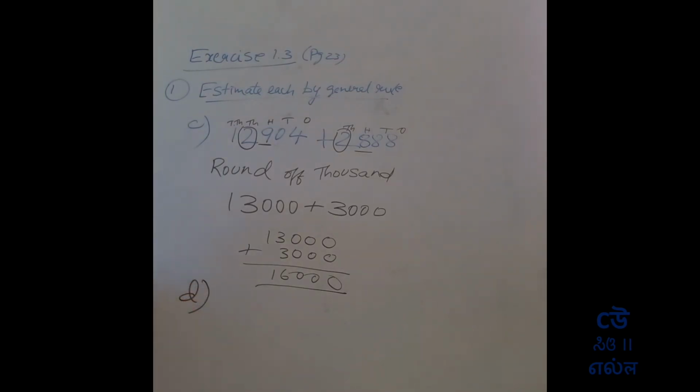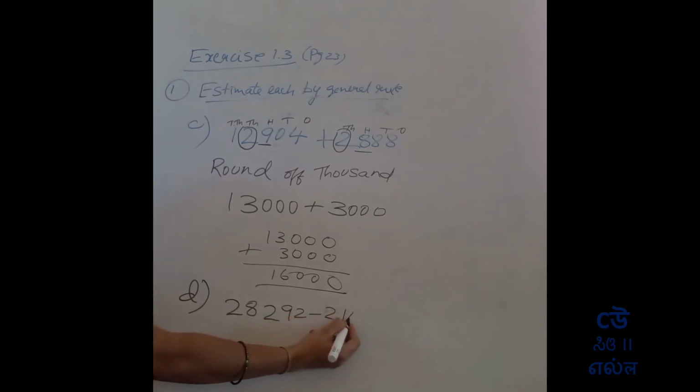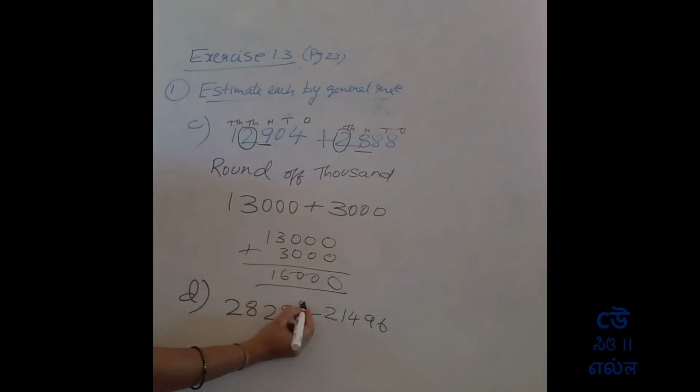Next problem. 28292 minus 21496. First see the place values: ones, tens, hundreds, thousands and 10,000.